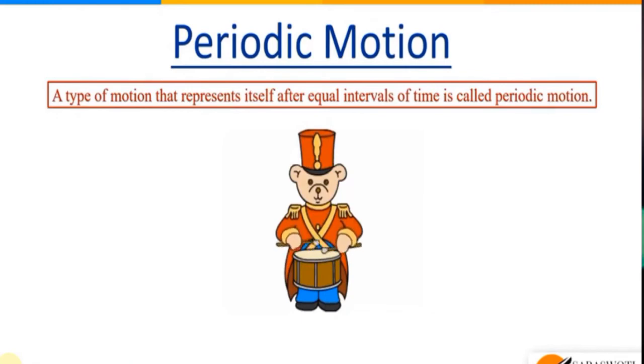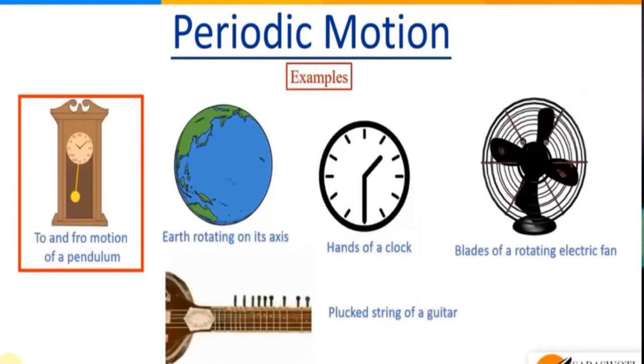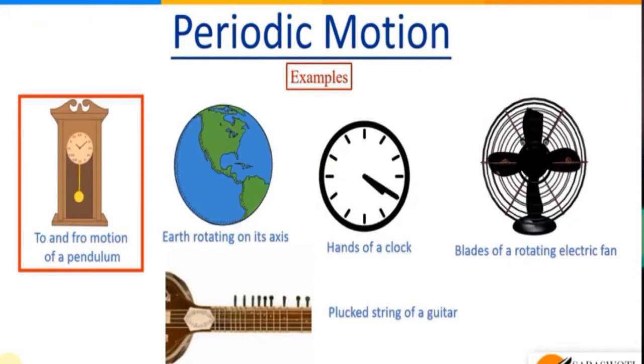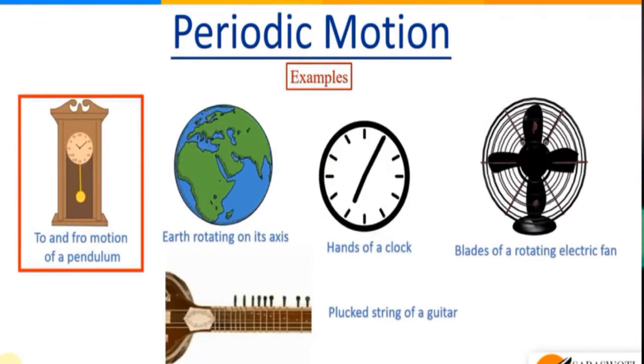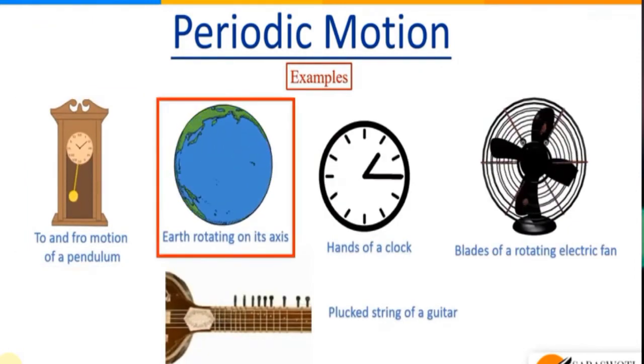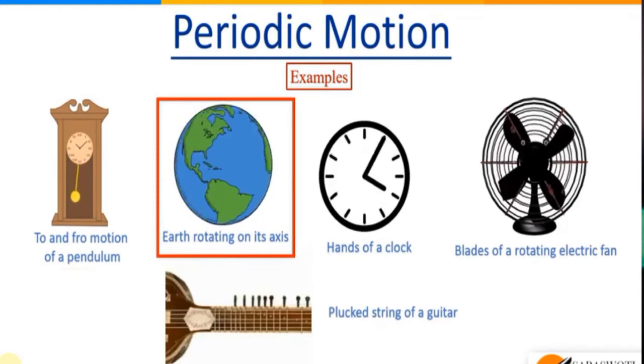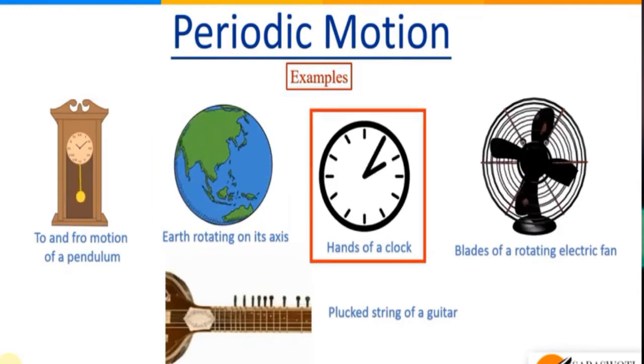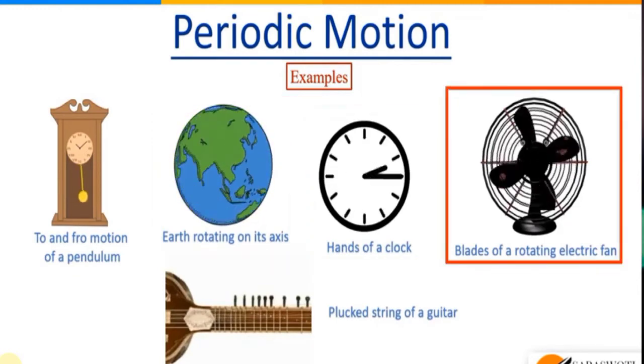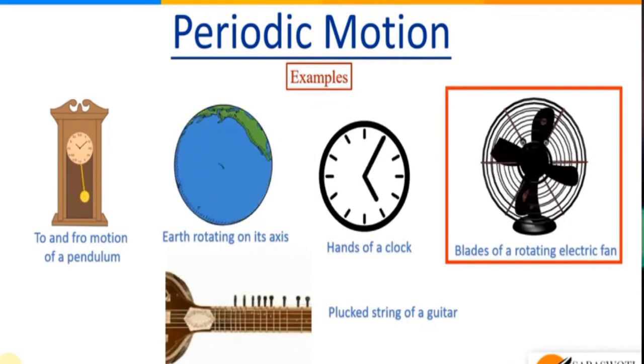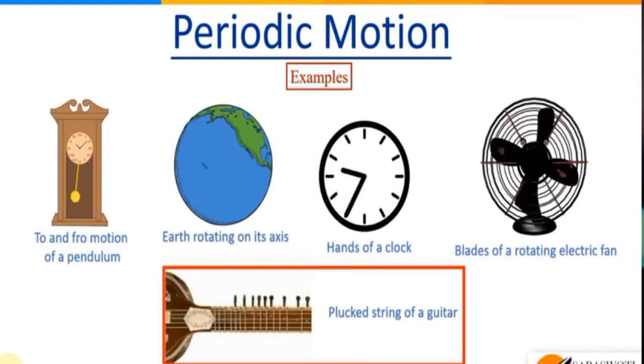Number 3, periodic motion. A type of motion that repeats itself after equal intervals of time is called periodic motion. Examples of periodic motion are the to-and-fro motion of a pendulum, the Earth rotating on its axis, the hands of a clock, the blades of a rotating electric fan, and the plucked string of a guitar.